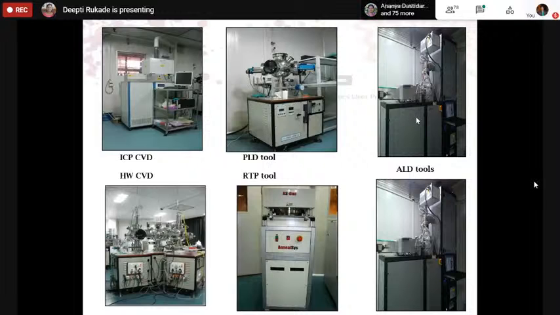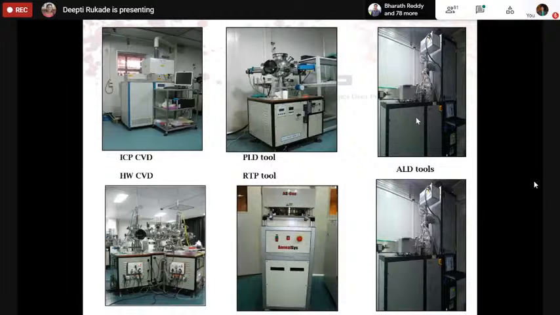The only thing we will take care of here is that whatever material you have synthesized, your ceramic material or magnetic material, we will check it for sodium and potassium contamination. I'll talk about how we do that during the anti-contamination part. If it is found clear, we allow your material to be mounted into the PLD chamber, and you can go ahead with the thin film deposition.